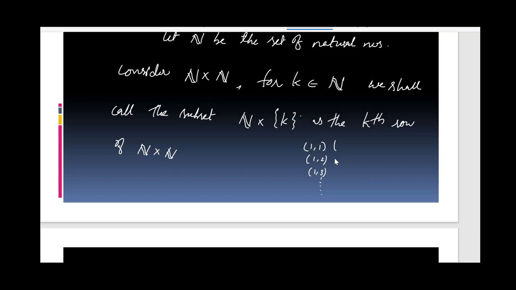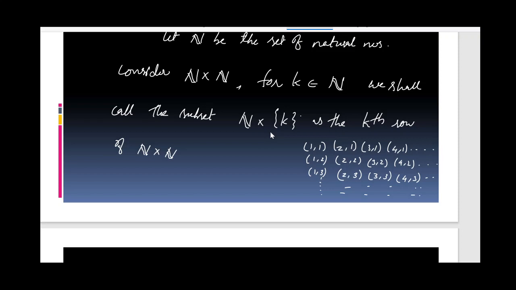I am having 2 1, 3 1, 4 1, etc. Here 2 2, 3 2, 4 2, etc. Here 2 3, 3 3, 4 3, etc. Suppose I am mentioning like that.